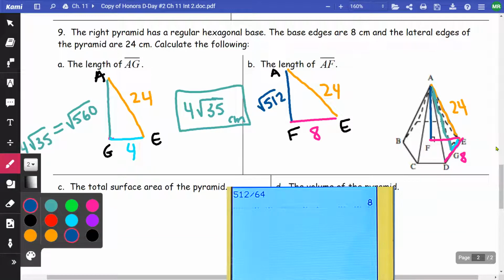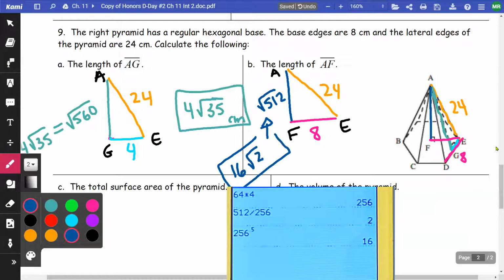And I can divide it by 4 again. So 64 times 4 is 256. So this 512 divided by 256 will give me 2. So the square root of 256 is 16. So really, I can write this cleaned up as 16 root 2 centimeters.